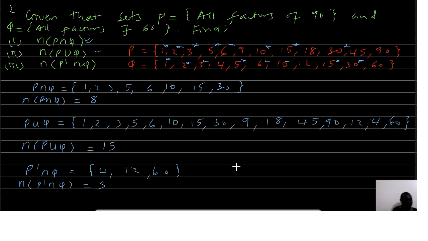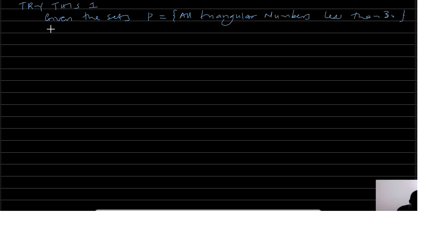Next, I need to give you a trial question to practice the knowledge which you have achieved here today. Try this one. Given the set P, which is a set of all triangular numbers less than 30, and Q is a set of all factors of 60.